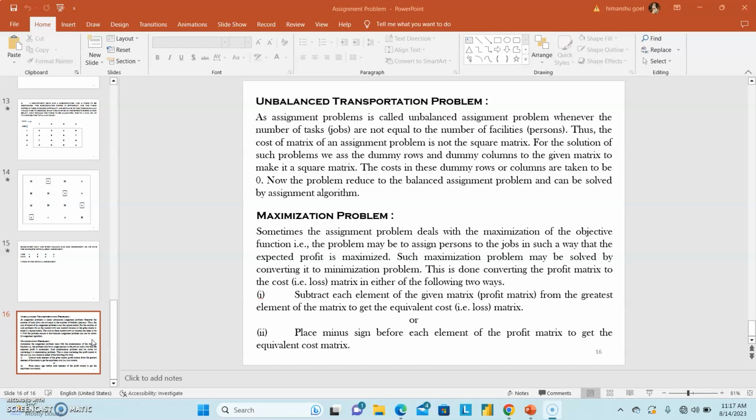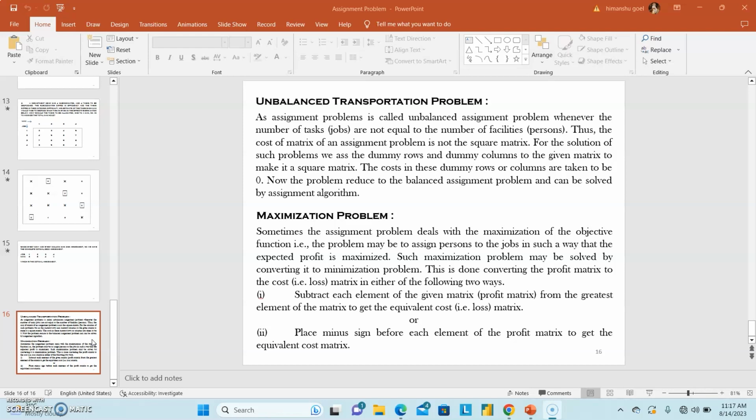Subtract each element of the given matrix from the greatest element of the matrix to get the equivalent cost, that is, the loss matrix, right? That means the largest number has to be subtracted from each element of the matrix, and we'll get a cost matrix. Or place a minus sign before each element of the profit matrix to get the equivalent cost matrix.